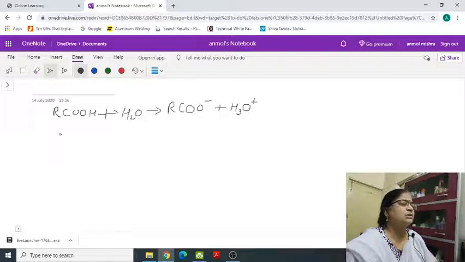This carboxylate ion exists as a resonance hybrid of two structures.